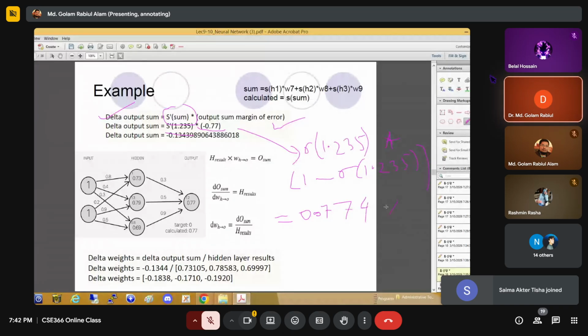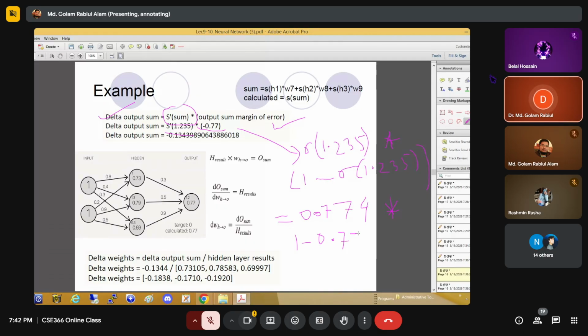So it will be 0.774 times 1 minus 0.774, then times negative 0.77.